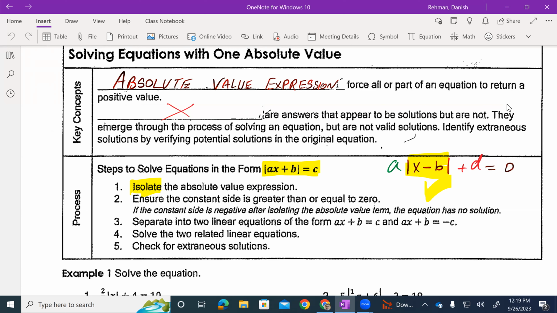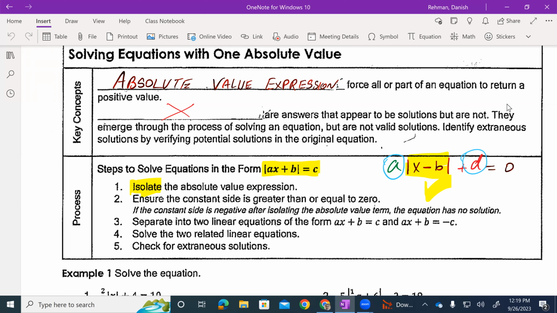So if I want to make an absolute expression isolated, I need to get rid of two things from here. A and D both should be gone. Once these are gone, then my term will be isolated like this. How can I make them go?